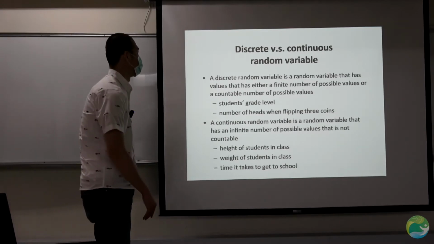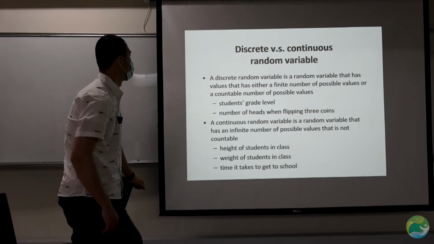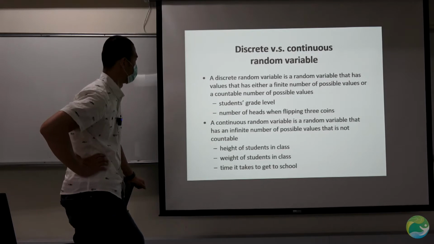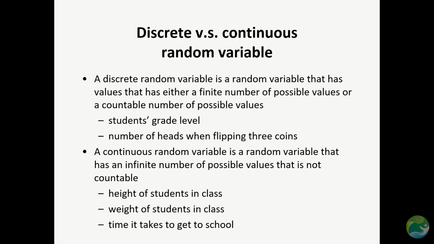A discrete random variable is a random variable that has either a finite number of possible values or a countable number of possible values. Here are some examples: students' grade level, which can be A plus, A minus, B, these are discrete labels. Another is the number of heads when flipping 3 coins, how many heads we have in total. These are discrete random variables.